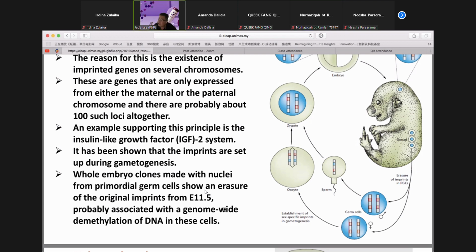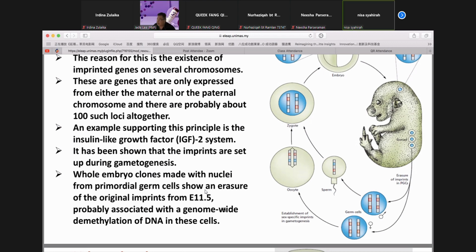Kerana dia kena store banyak information, antaranya selain daripada the nutrients for the early development, dia pun carry banyak proteins yang diperlukan untuk pembahagian pada peringkat awal, sebelum zygote mampu synthesize their own protein. I hope this is clear enough. Boleh tak? Boleh, doktor. Clear.